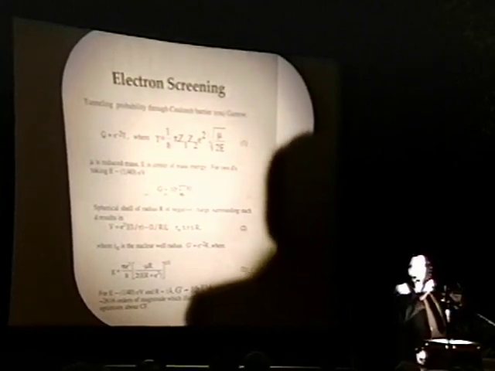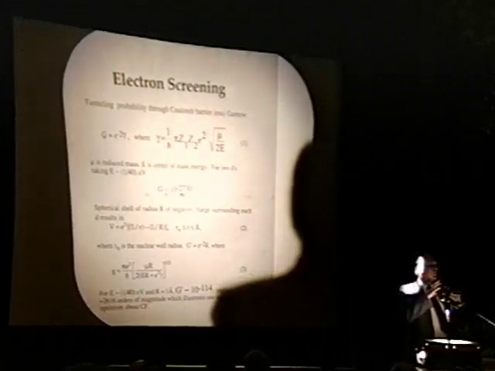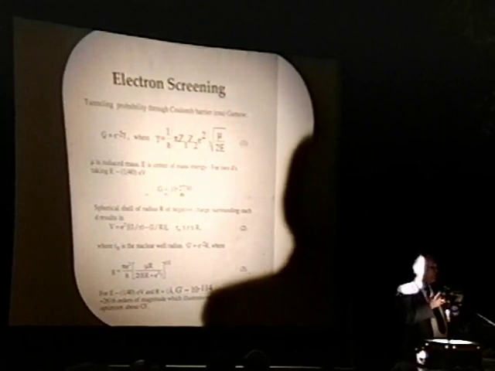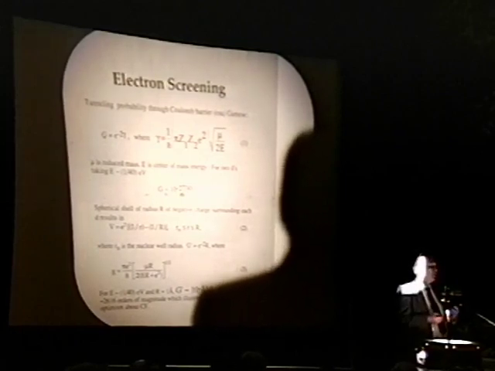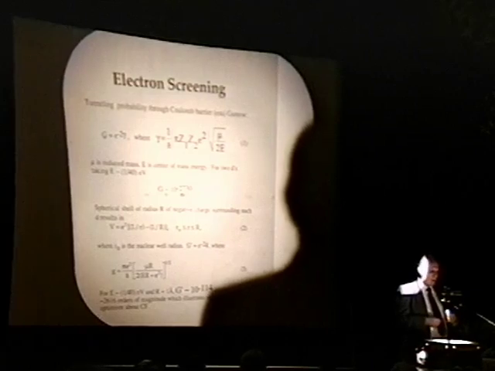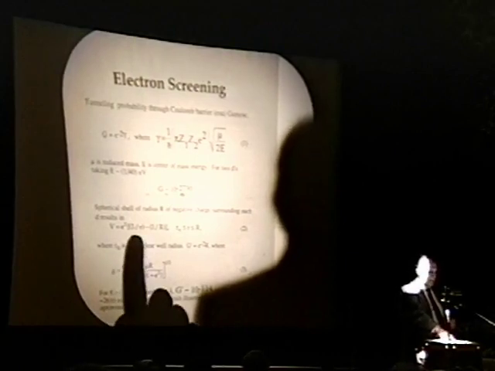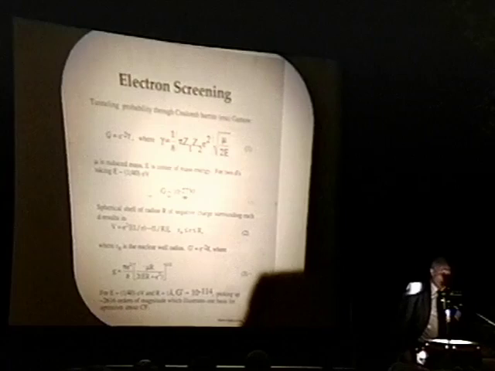If you conceptualize a concentric shell of negative charge, equal and opposite to that of the proton, say equal to 1 electron charge, then you get this potential. You can do the calculation analytically.